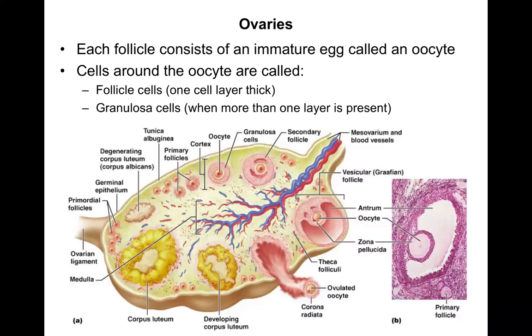Remember, a single ovum is usually ovulated during each reproductive cycle, which is the menstrual cycle. About 400 to 500 oocytes are released from these ovaries, and the remaining 99.9% of ova are destroyed, which is known as the process of atresia.